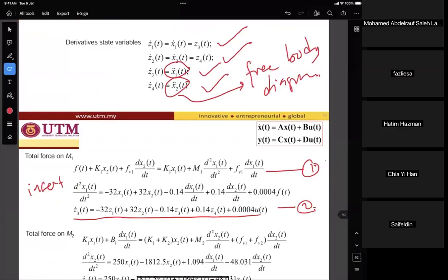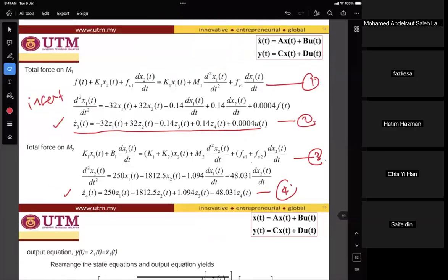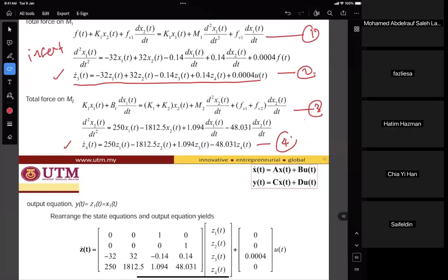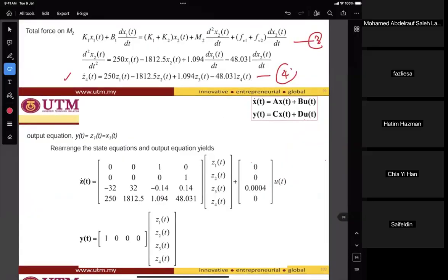Z1 dot and Z2 dot we already have, so Z3 dot is done. The final one is Z4 dot, equation number 4. From there, the output is Z1 equal to X1, so we get the state space representation as shown here.